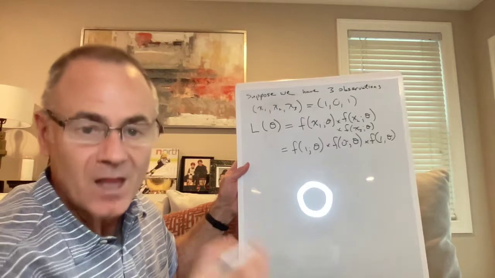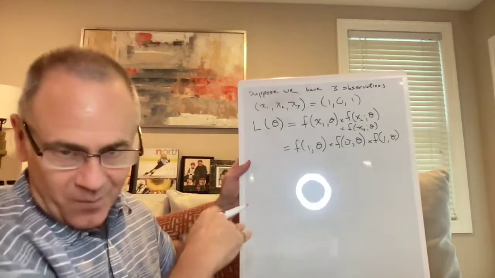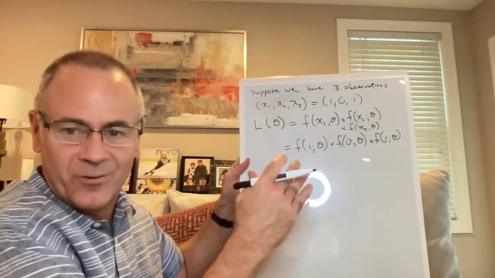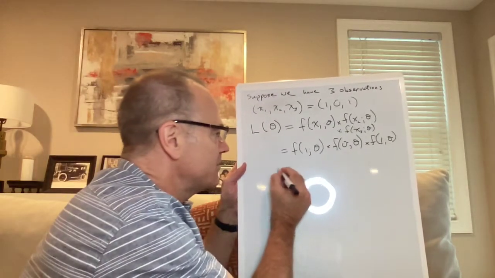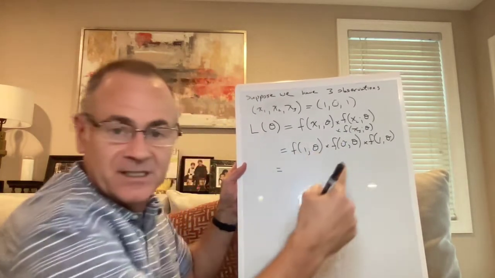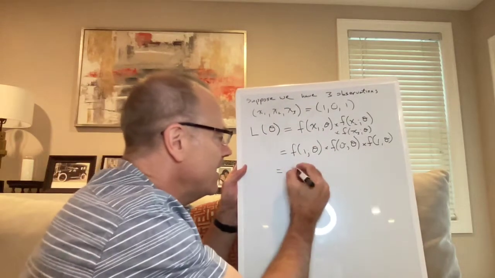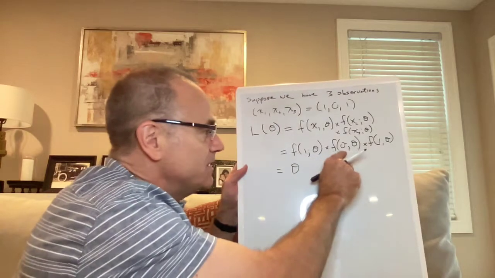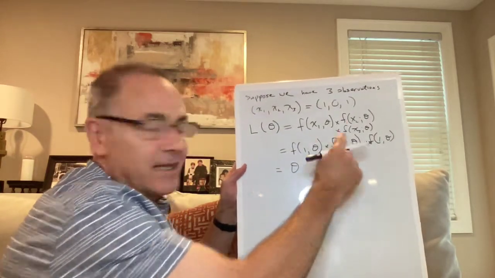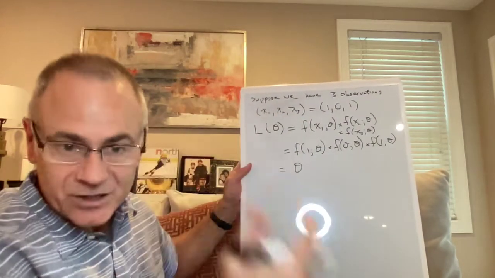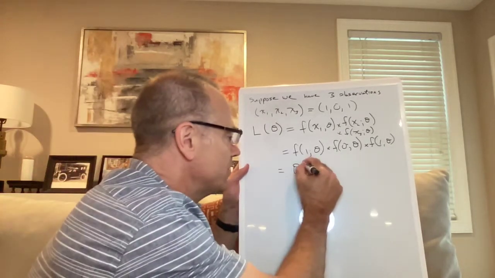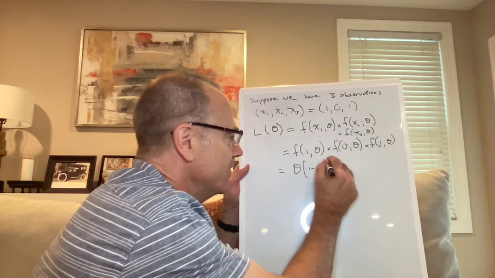If you look back to the former board before I erased it, we can substitute for these f's. F of 1 given theta just equals theta. F of 0 given theta, the probability that the largest party will not be selected, equals 1 minus theta.